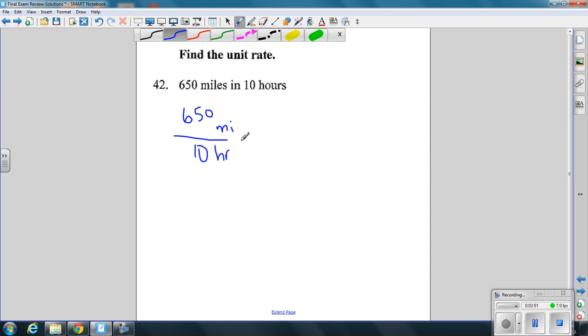And we divide the numerator by 10, and we divide the denominator by 10, because we want a denominator of 1. And that equals 650 divided by 10 is 65 miles per 1 hour.